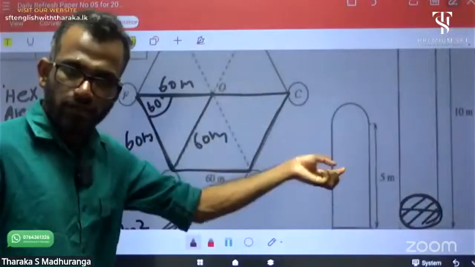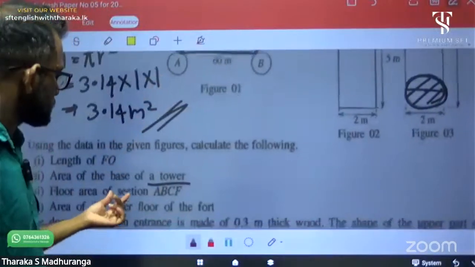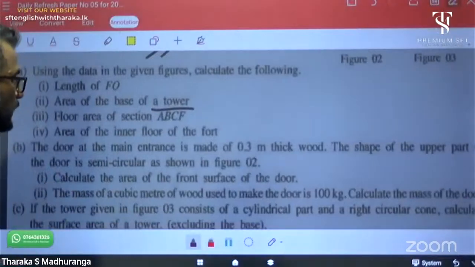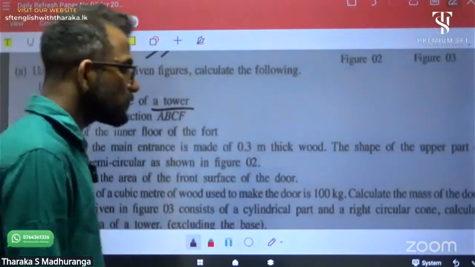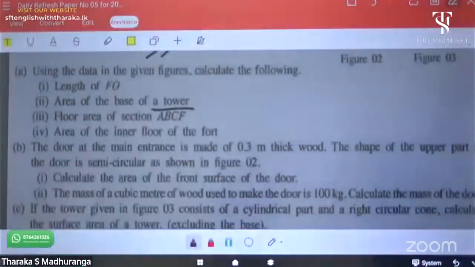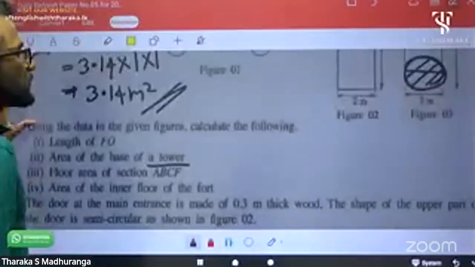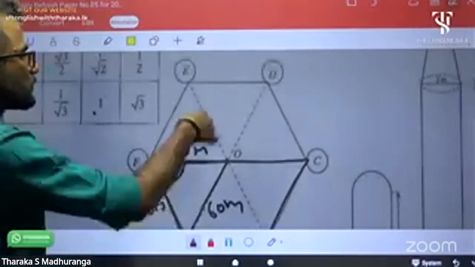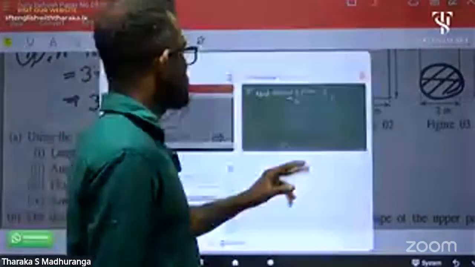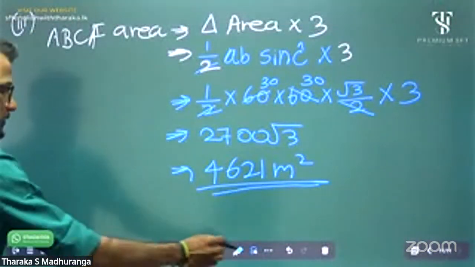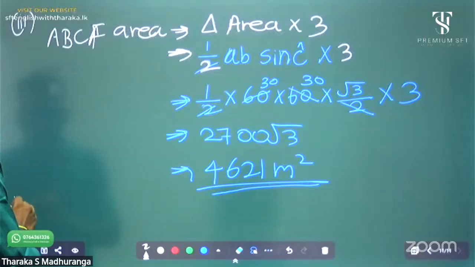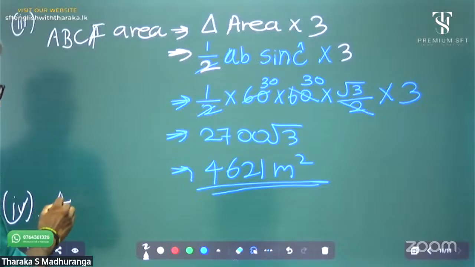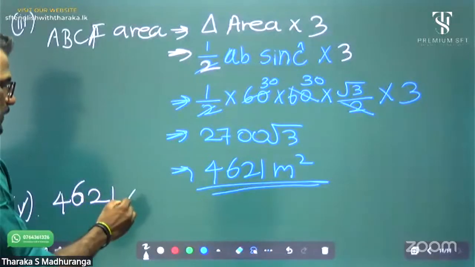In the second one, it asks the tower base area. Fourth one, the area of the inner floor of the fort. Now it is asking the full hexagon area, inner floor. This is the full, so no need to calculate again. The previous answer, fourth part, 4,621 multiplied by 2.